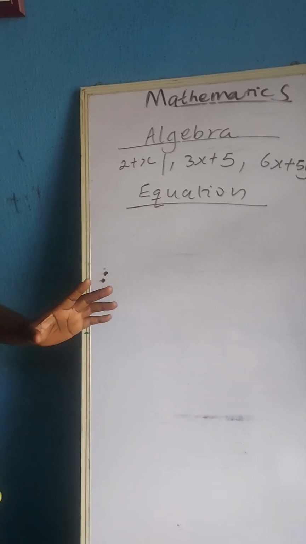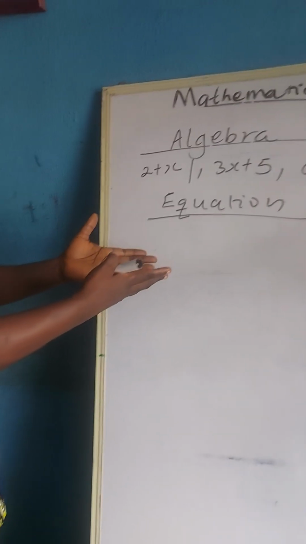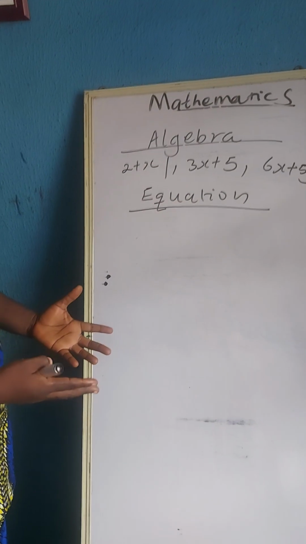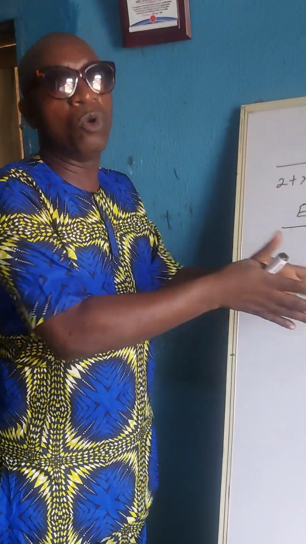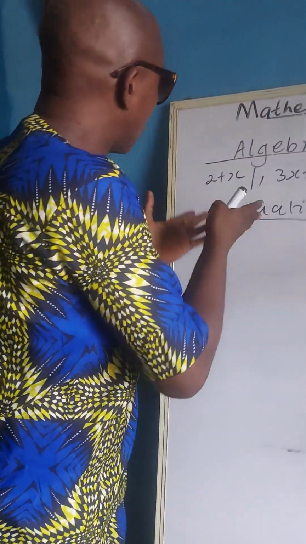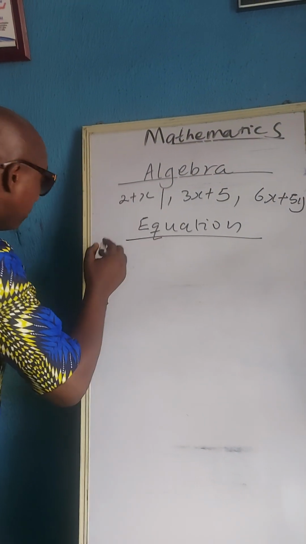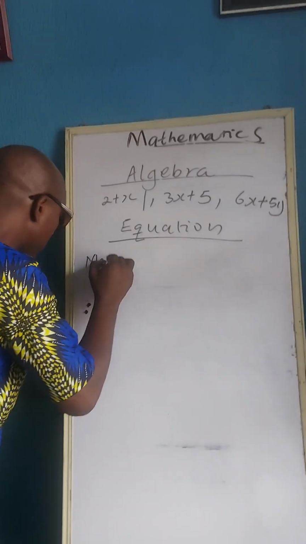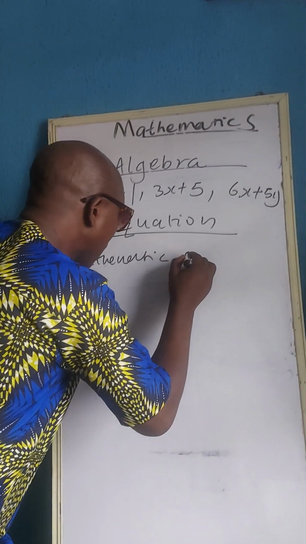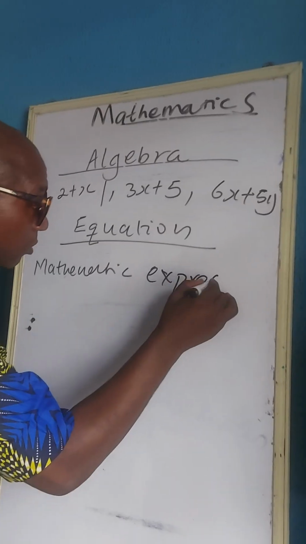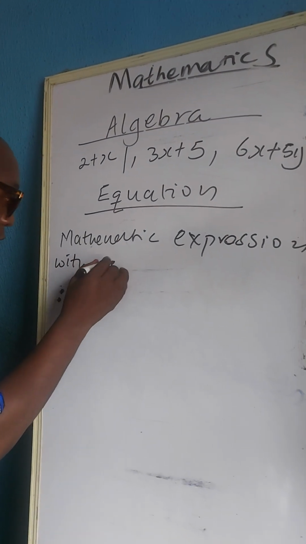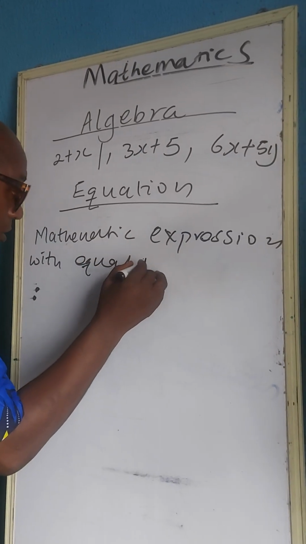Equation can be defined as a branch of algebra that has an equality sign. Better said, it is a mathematical expression with an equality sign.